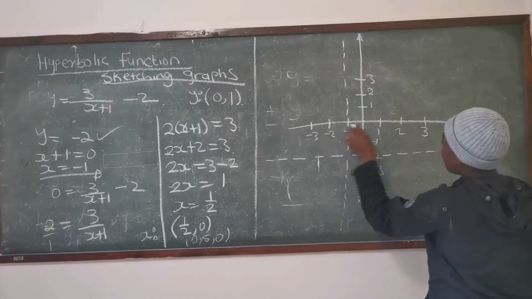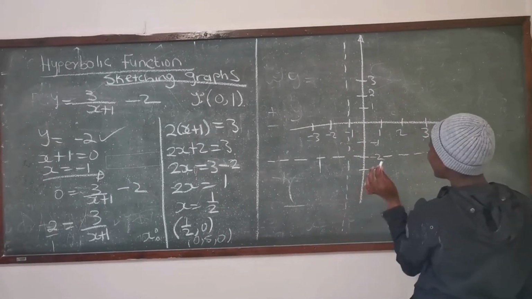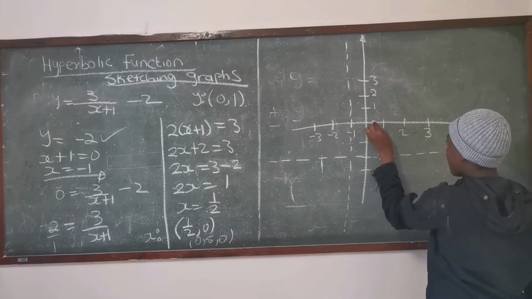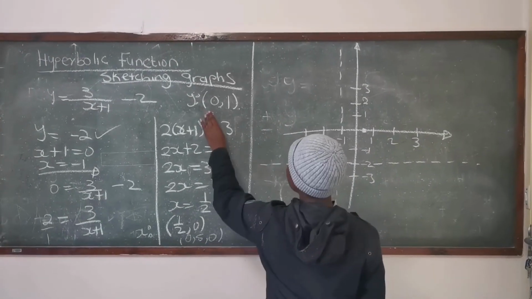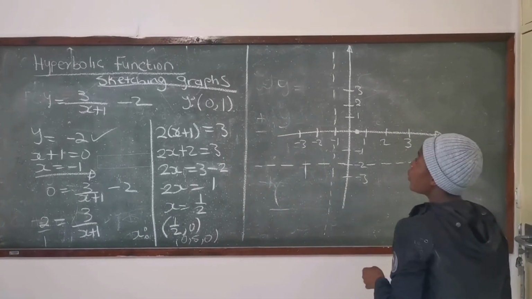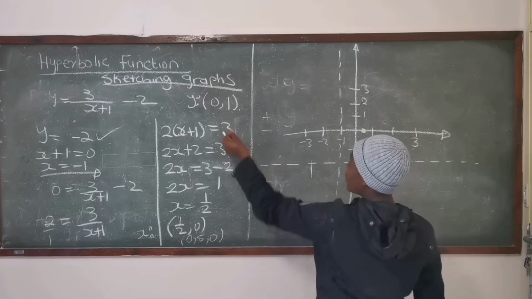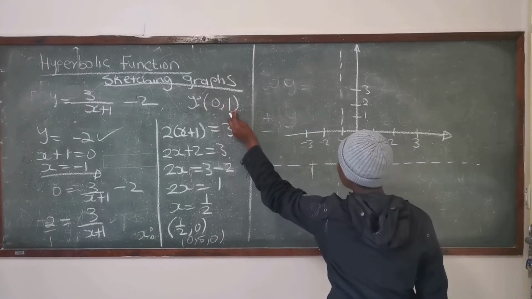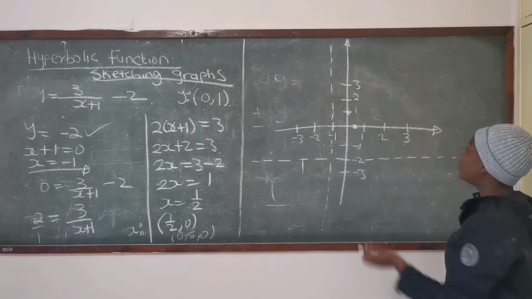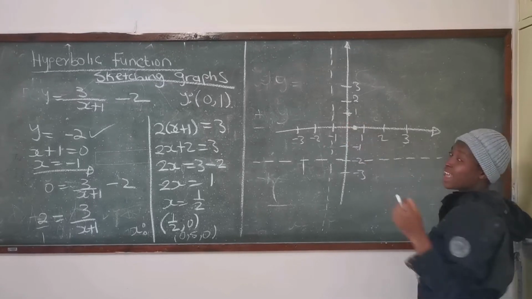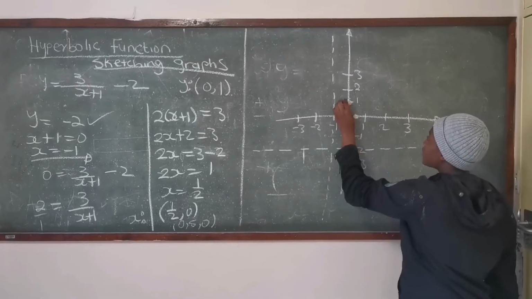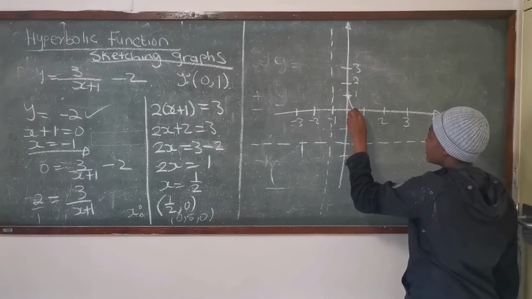So we're gonna go to the graph, find 0.5, which I hope is somewhere here between 0 and 1. Then our y-intercept: we're gonna go to our graph, find a point where x is equal to 0 and y is 1. So I think here is the point. So we're just gonna join these dots. But then remember, our graph doesn't have to touch these asymptotes. So hopefully our graph is gonna be like this.